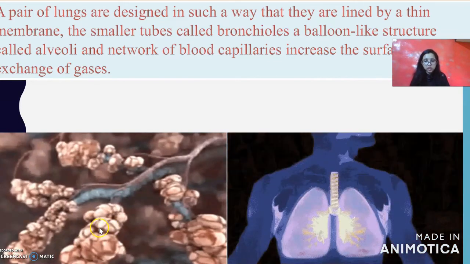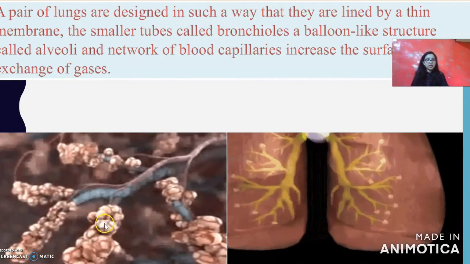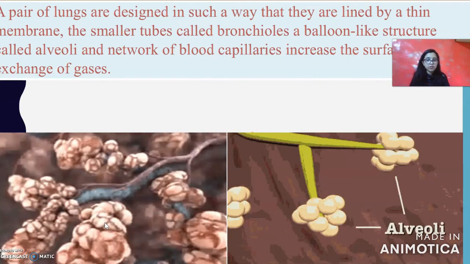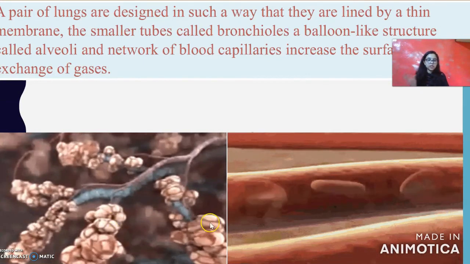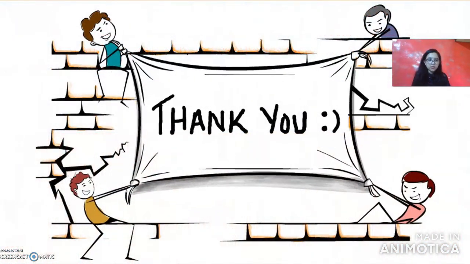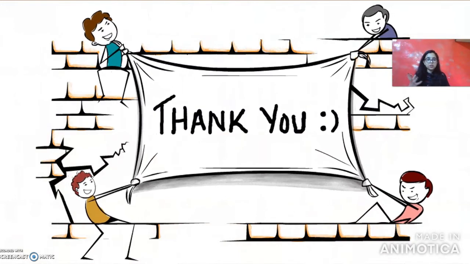You can see over here, many blood capillaries are there, right? This is to increase the surface area for exchange of gases. And here the exchange of gases is done. So here we have learned the human respiratory system.